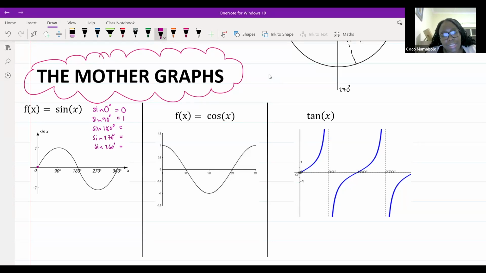So at 90 degrees, I go to the point 1 and I put a dot there. Sine of 180 will give me 0, and that puts the point there. Sine of 270 gives me -1, which is the point there. And sine of 360 gives me 0, which is the point there. So this would be 0, -1, and 0.